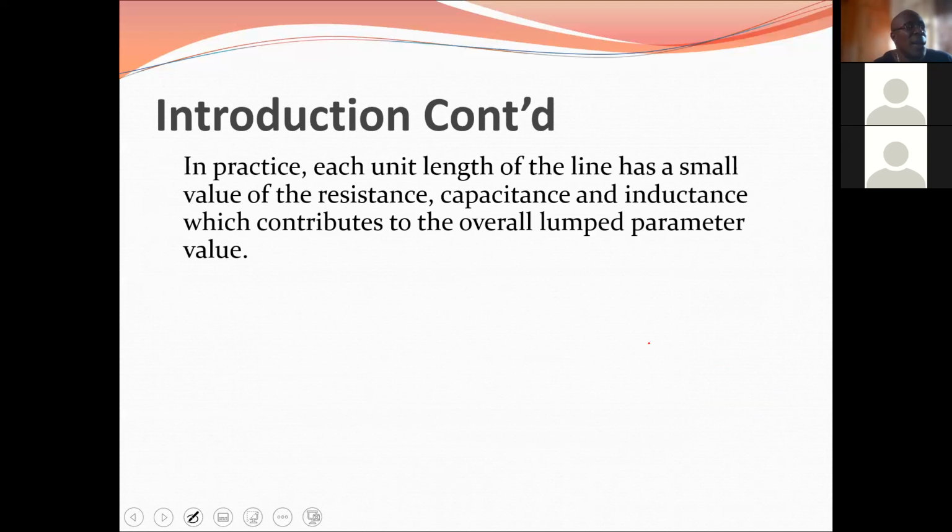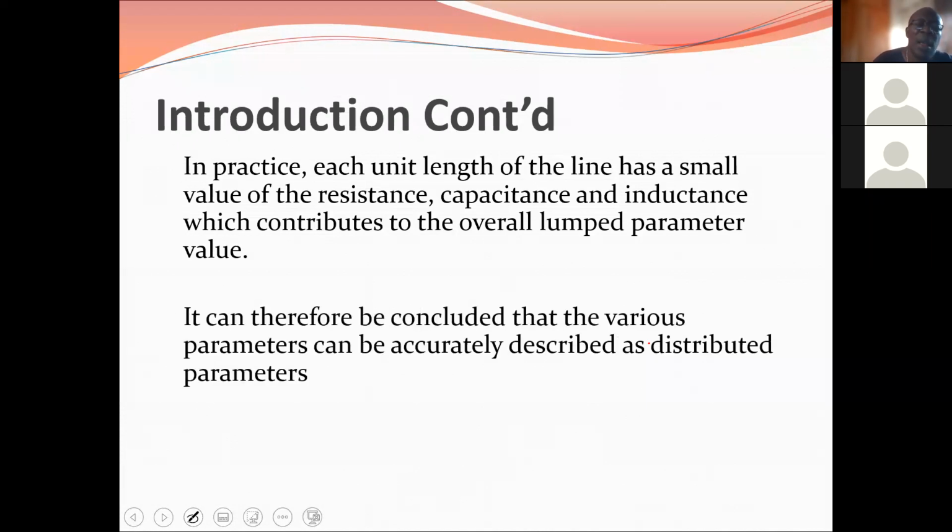However, from a practical standpoint, each unit length of the line is considered to have a small value of resistance, capacitance, or inductance, which contributes to what we represent as a lump parameter value. So the resistance, the inductance, capacitance are really given on a per unit length basis, and then distributed over the length of the conductor.